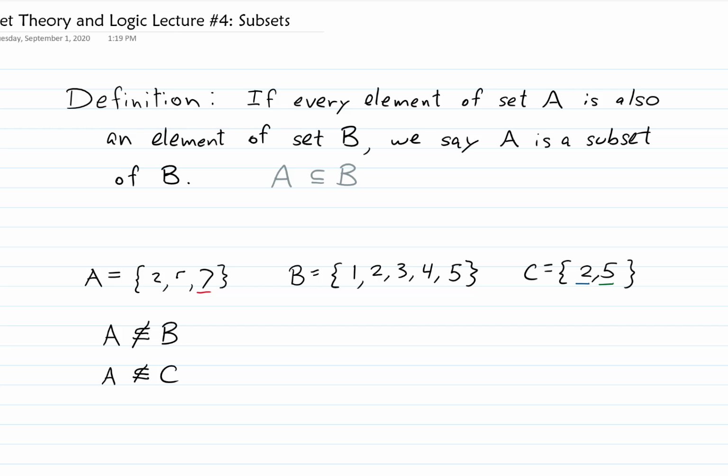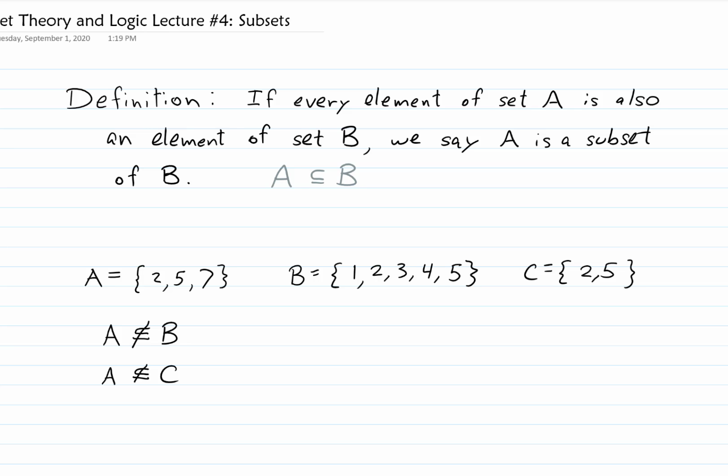Let's look at some of the other sets. How about this? Is A a subset of anything that's written here? So there's 3 sets written. Is A a subset of any of those 3?